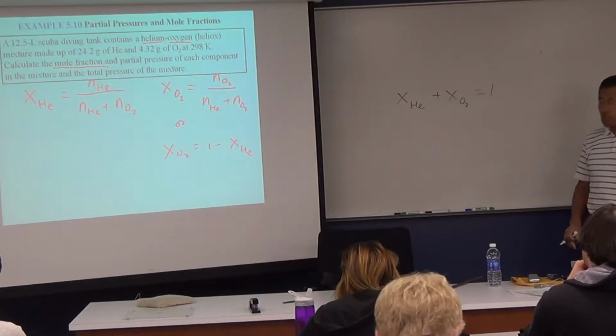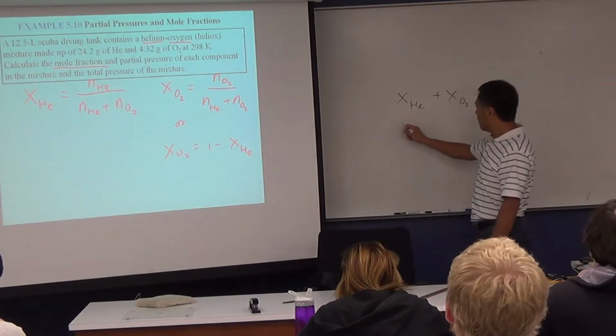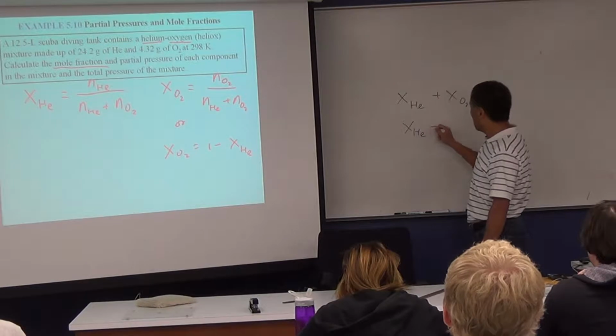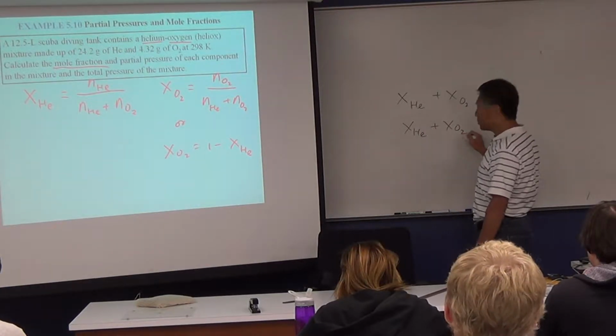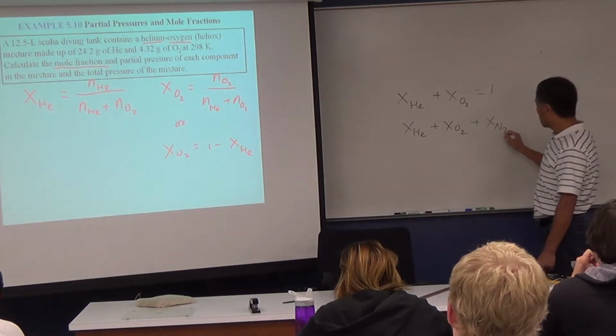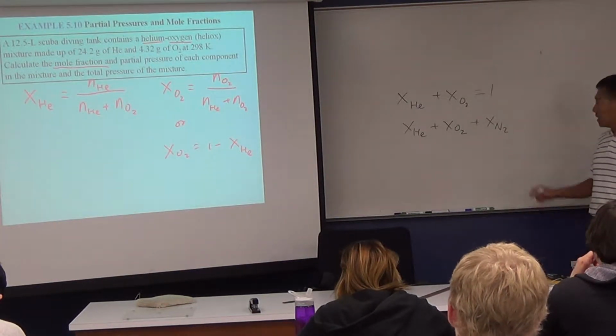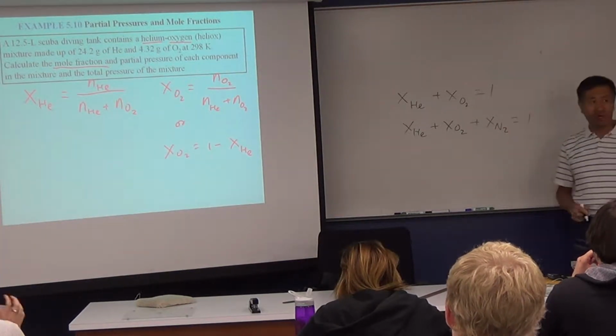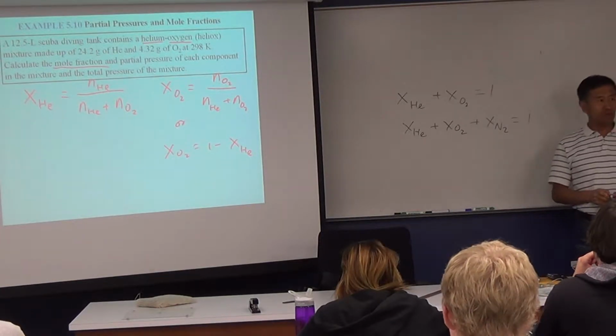And if you have x helium and x oxygen, and you also have some nitrogen gas, that also adds up to 1, depending on what kind of mixture you have.